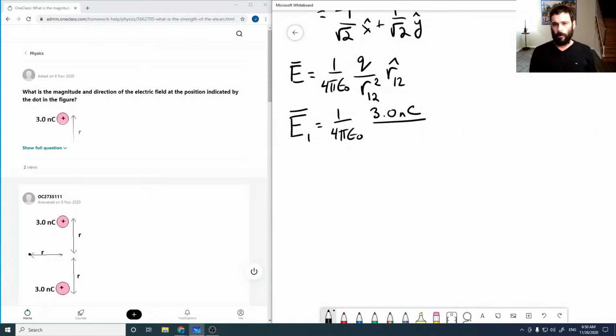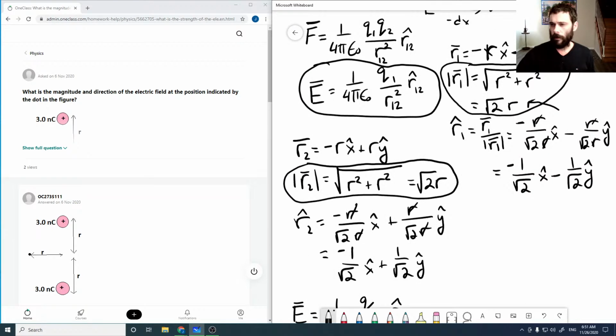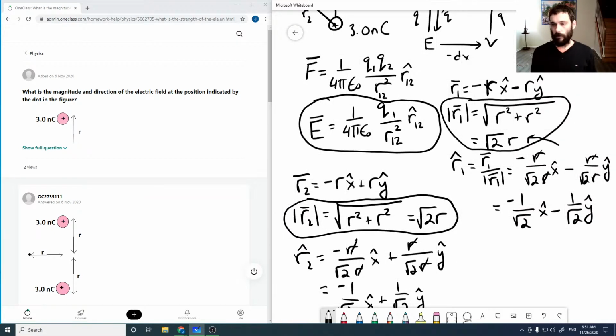So it'll be root 2R squared, and then multiplied by our R1 hat, which in this case is minus 1 over root 2 x hat minus 1 over root 2 y hat. Right, so that would be our R1 hat, which is this guy here. All right.